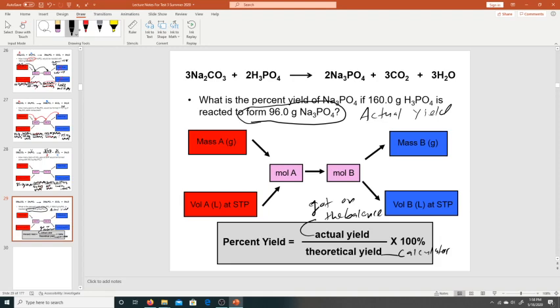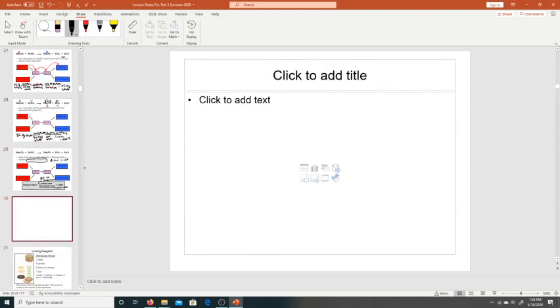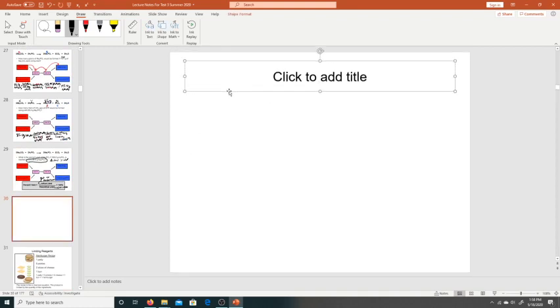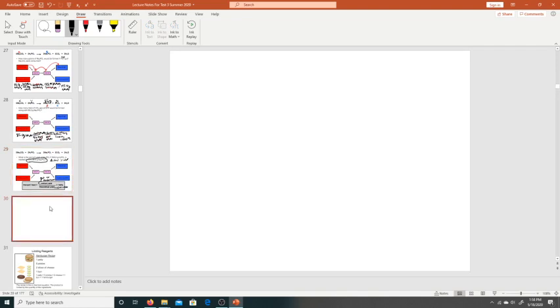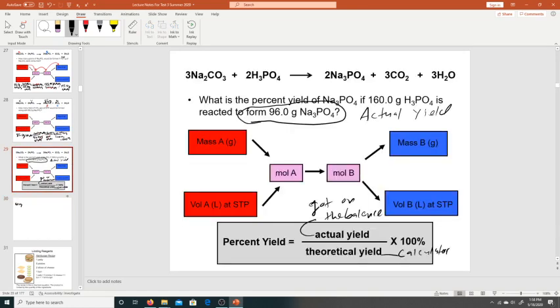We need to calculate the theoretical yield based off 160 grams of H3PO4 and then the balanced equation.